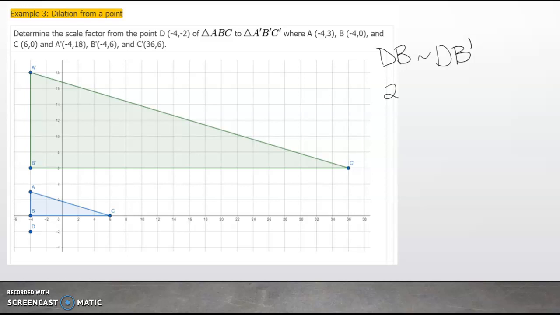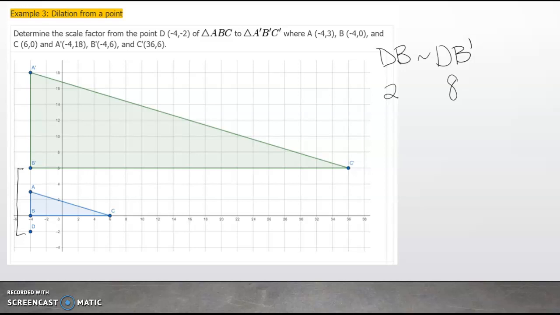I can look at the next shape as well. I want to find the distance from D to B prime. Again, D is at -4, -2. B prime is at -4, 6. The distance from -2 to 6 is 8. I want to compare those factors.